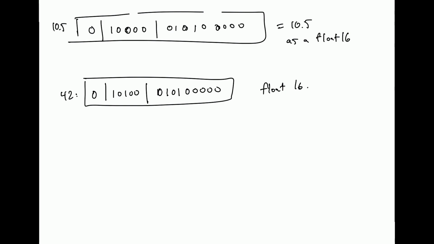Okay, that won't happen here. So let me write 10.5 in the following way. It's 1 point mantissa, and I'm going to suppress all the extra zeros for cleanliness, times 2 to the, well, what's the exponent's value here?